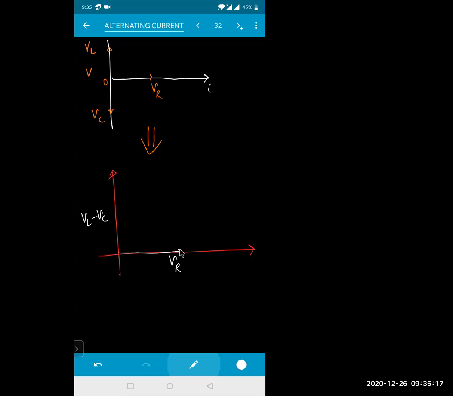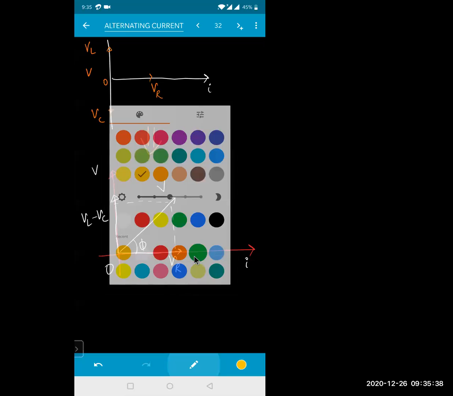So this vector is in this direction and this vector is in this direction. This is your origin. Then the resultant comes here, so this is V and this is making an angle of phi. On the x-axis we are taking current, and on the y-axis the potential, and this is your phi.